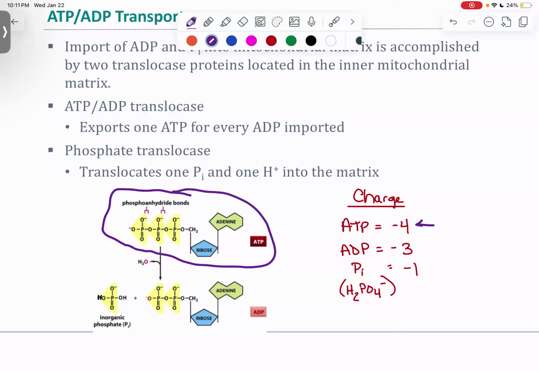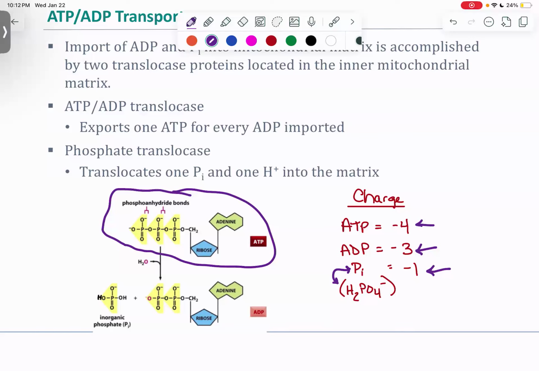ADP, we're going to lose one of the phosphates. So now we have -3. When we look at an inorganic phosphate, it is only one phosphate group, but only one of the oxygens is unbound to a hydrogen. So it only carries a -1. And so if you see either one of these written, Pi, P with a subscript i, or H2PO4-, it's the same thing. It's an inorganic phosphate.